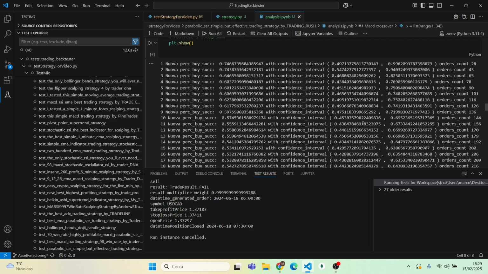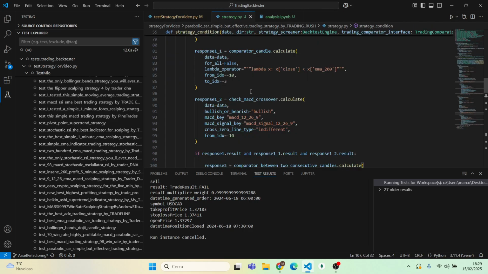So maybe new positions will be opened by running the strategy again on the train dataset. We are expecting an average success rate of 56 to 57%. Maybe it will be quite different, it can be better or worse than what we are expecting, but the only thing to do is to run the strategy again.